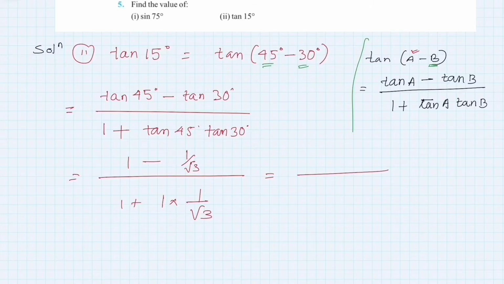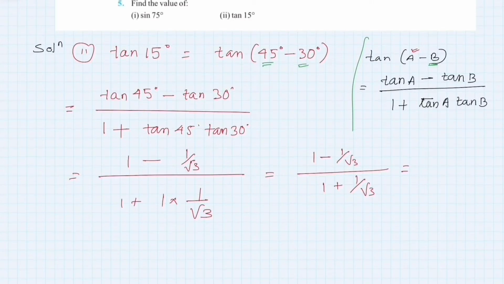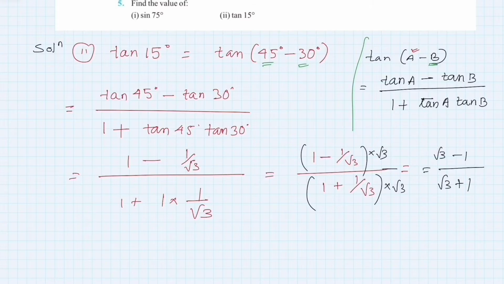Now this is equal to (1 minus 1 by root 3) by (1 plus 1 by root 3). Let us rationalize the denominator. First let us multiply both the numerator and denominator by root 3. Then you will get (root 3 minus 1) by (root 3 plus 1).